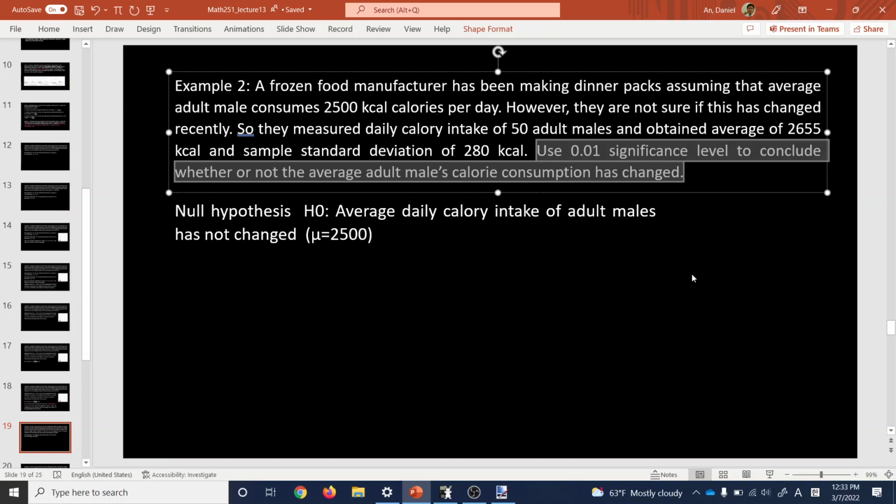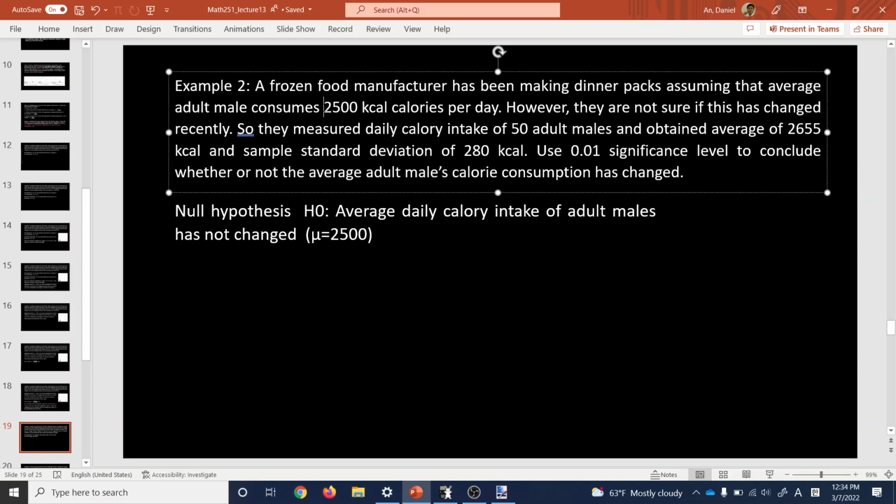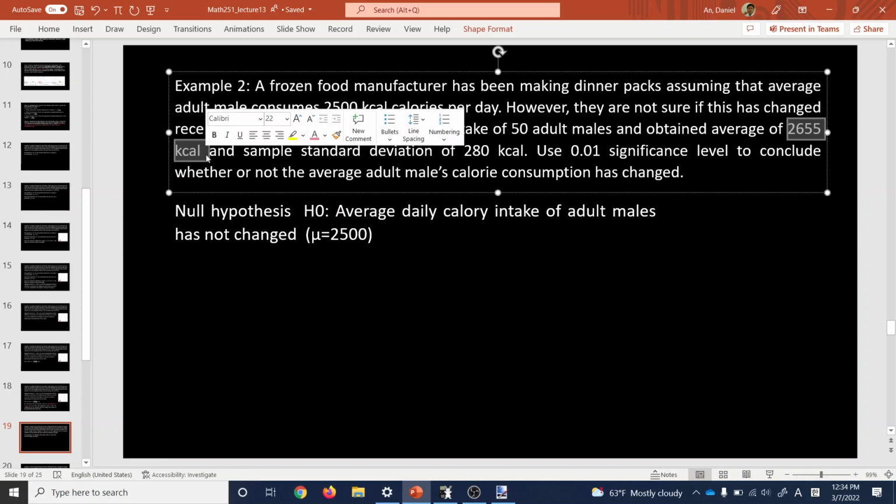However, the actual number for the adult male calorie is not listed in the last sentence. Sometimes it is given, but here it's not. So you have to read the entire question and see where it has the adult calorie consumption. Here, 2,500 calories is here. Another one is 2,655 calories. So you have two different competing numbers. Which one do you think is the right one?